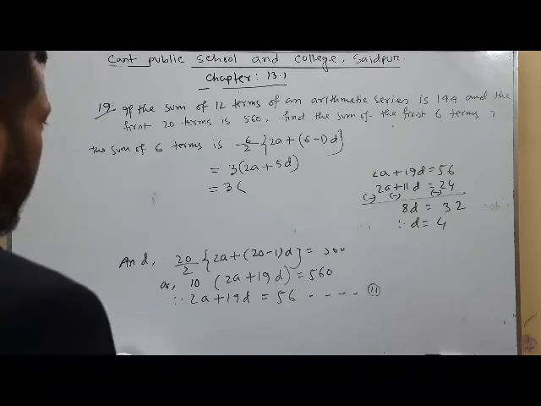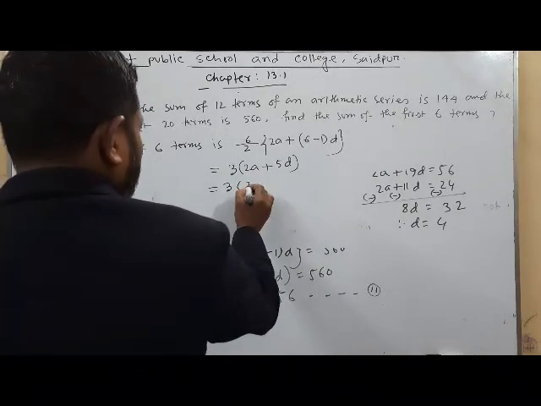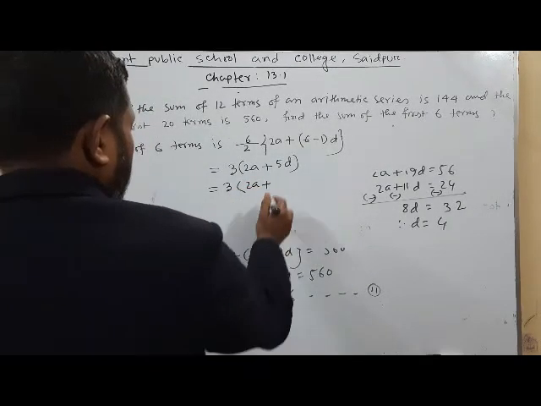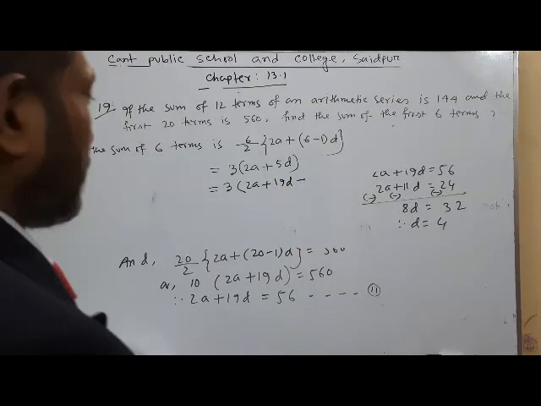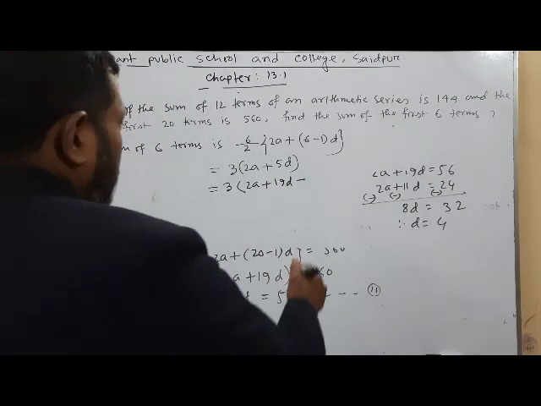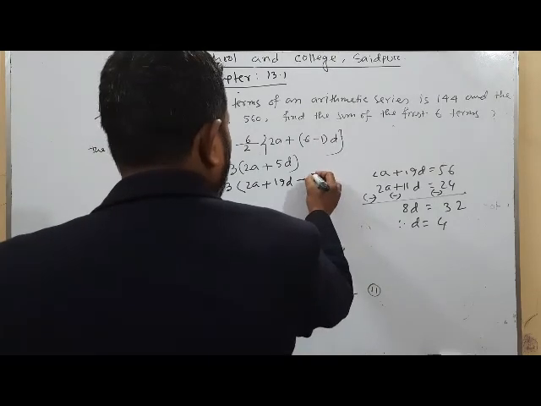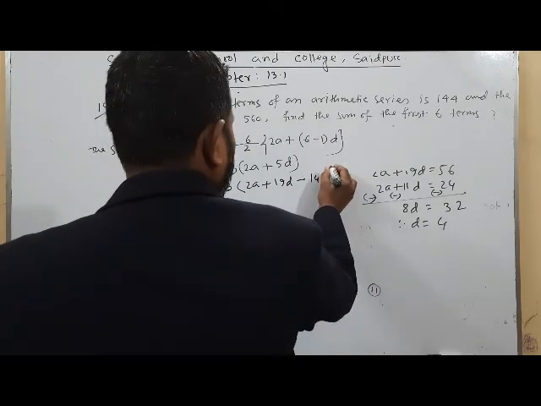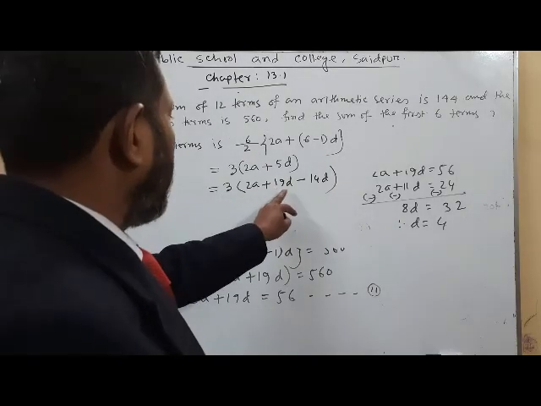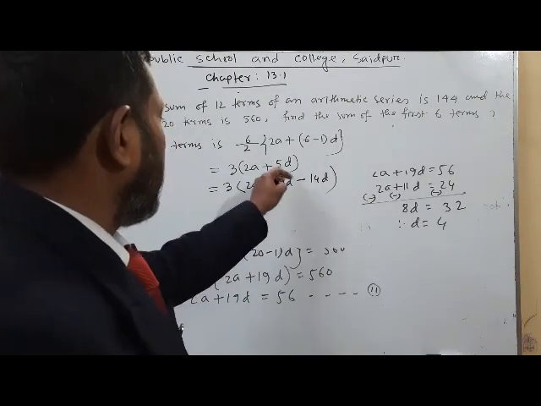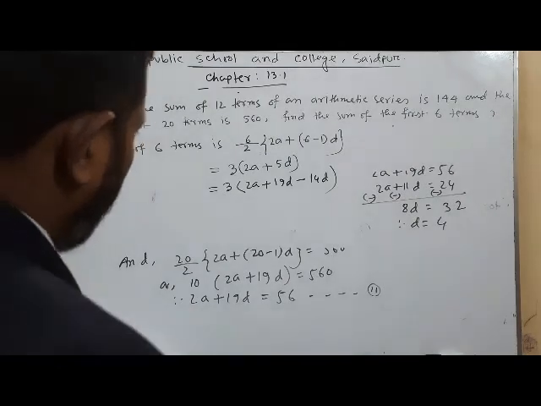If we write here 2A plus 19D minus 14D, this is equal to 2A plus 5D.